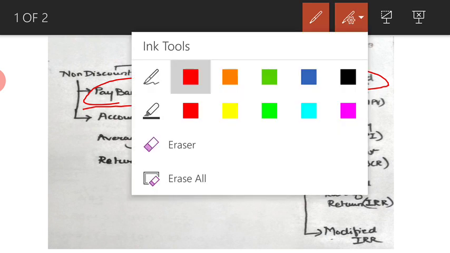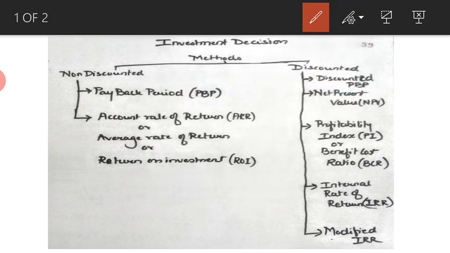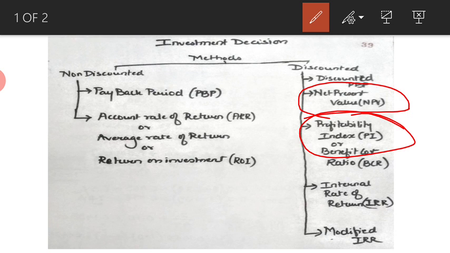Then coming to net present value. Briefly we have studied it during the wealth maximization objective. It is basically the summation of present values of cash flows after tax minus initial investment, which gives you the net present value. Profitability index is basically if you invest 1 rupee, how much will you get back on that 1 rupee.